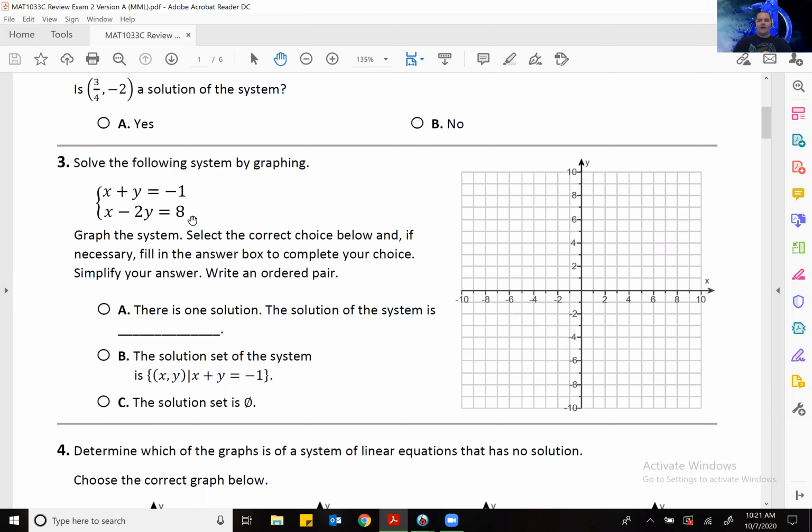And if we see the lines are parallel, then that's choice C, no solution. It says right up here to write an ordered pair, which means write a point. All right, so let's go to our calculator and have it graph.